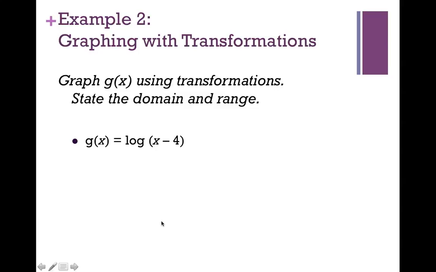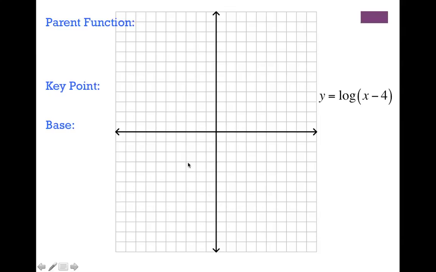In this case, we're being given the function g of x equals log of (x minus 4). So let's go through the same process. The parent function, the basic logarithmic function, is just y equals log of x, which we can rewrite in exponential form as x equals 10 to the y.